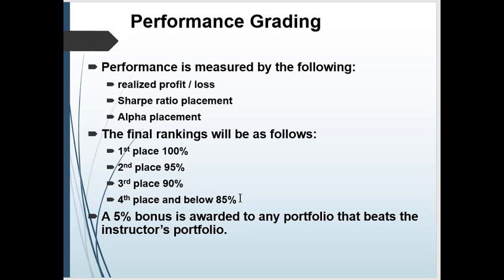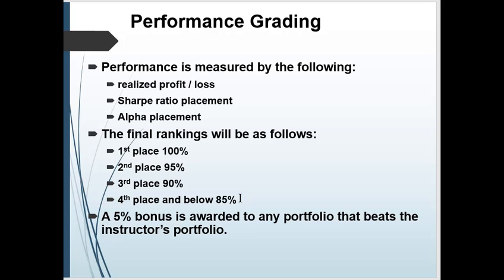And in addition, I'm going to be playing the game the exact same time you are. And if you can beat me, you get a 5% bonus. So it is possible that somebody could get first place in the class and beat me.